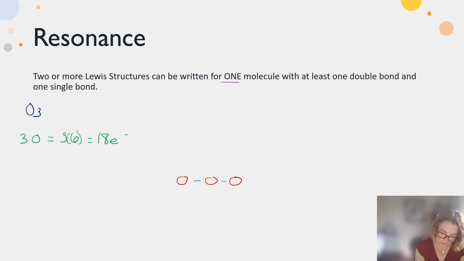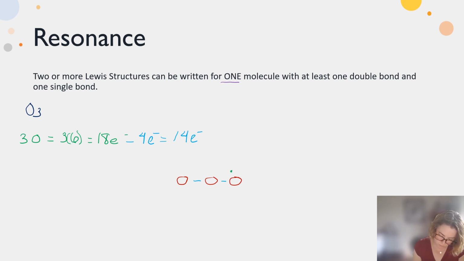And so here, that is going to use 4 electrons, which is going to give me 14 electrons left over. Those 14 electrons that are left over have to go into my structure. And again, I always say put those extra electrons on the outside atoms first and then go back and put them on the inside atom.